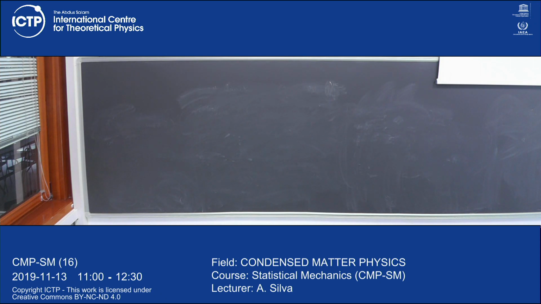This is equal to 1 over V, so density, derivative of the log of Q with respect to mu beta.